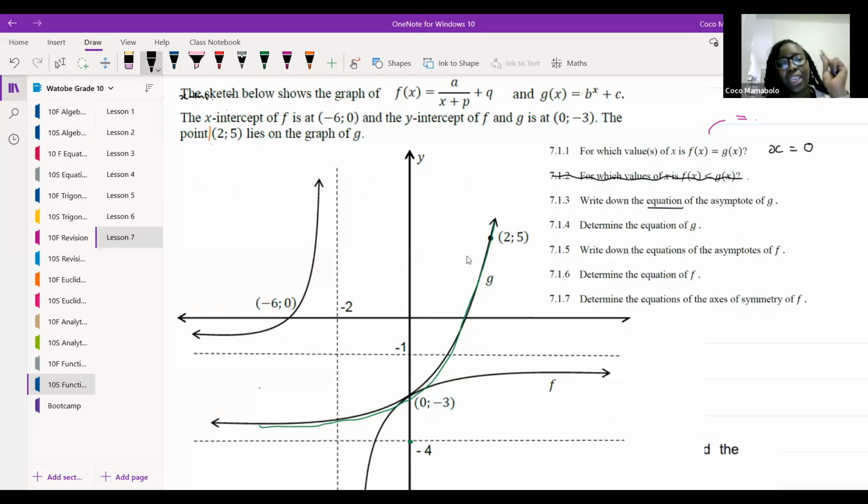So when we write the equation, we need to say y is equal to -4. It's on the y-axis, therefore y is equal to -4. It's this horizontal asymptote for our exponential graph.